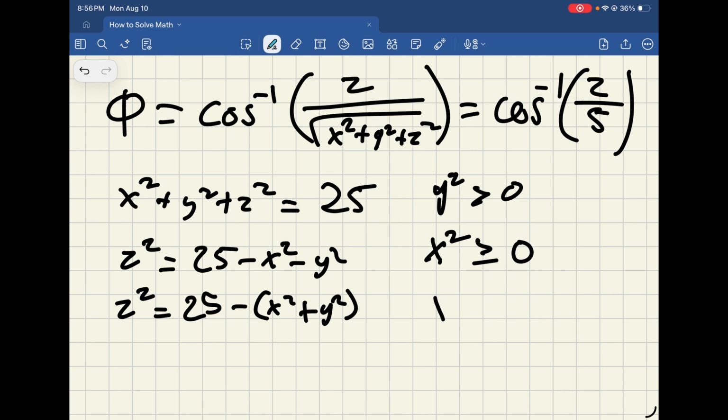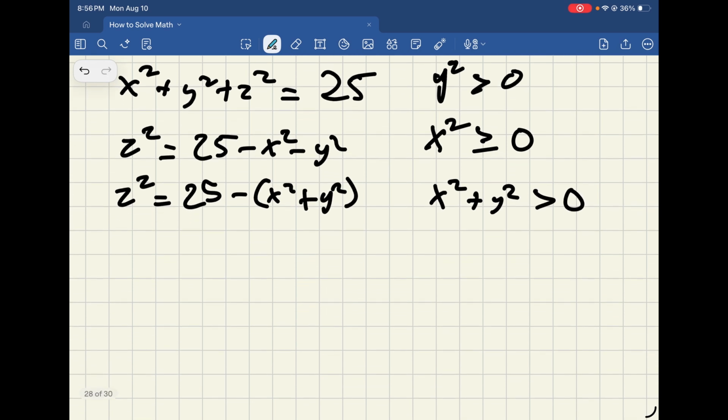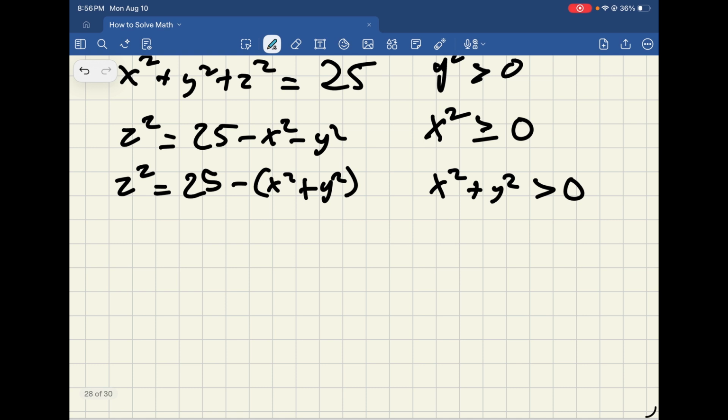And this tells us that x squared plus y squared has to be greater than 0. So when we plug this back into the original equation, this means that 25 is always going to be subtracted by a number greater than 0, which means that z squared has to be less than 25.